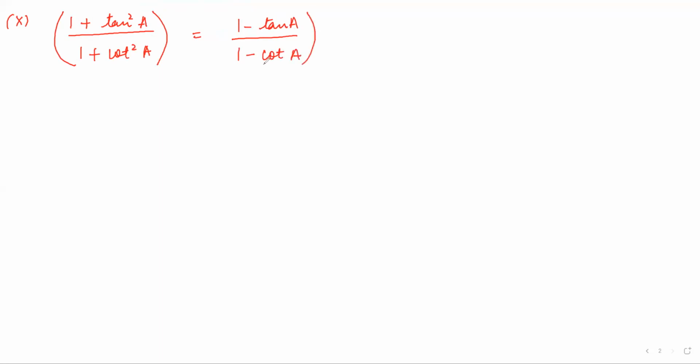The 10th one. This is (1 plus tan square A divided by 1 plus cot square A) equal to ((1 minus tan A) divided by (1 minus cot A)) whole square, which is equal to tan square of A. So I suppose we need to simplify the two parts here, right?